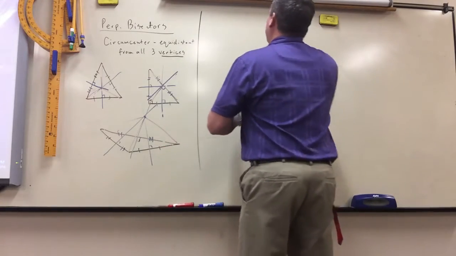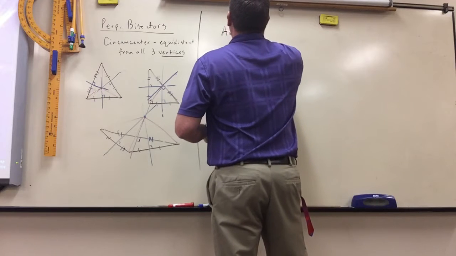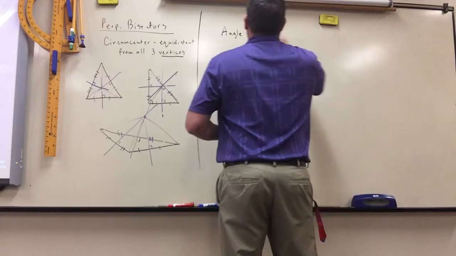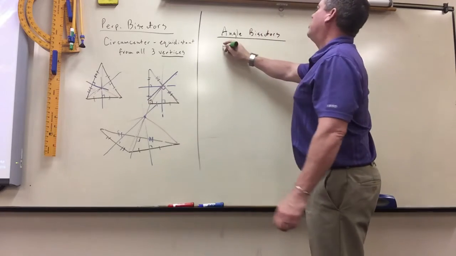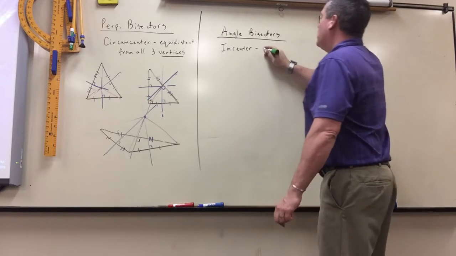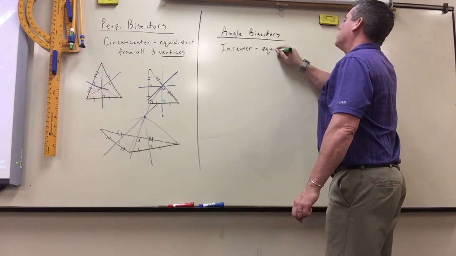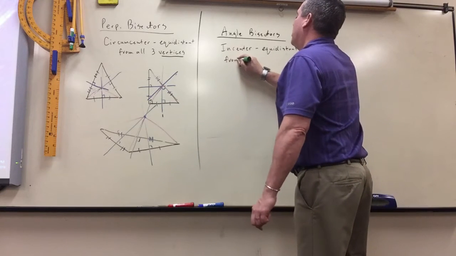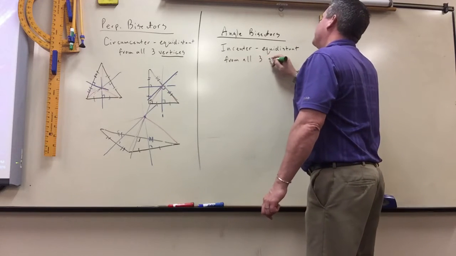Then on the angle bisectors, they intersect at a point called the incenter, which is equidistant from all three sides.